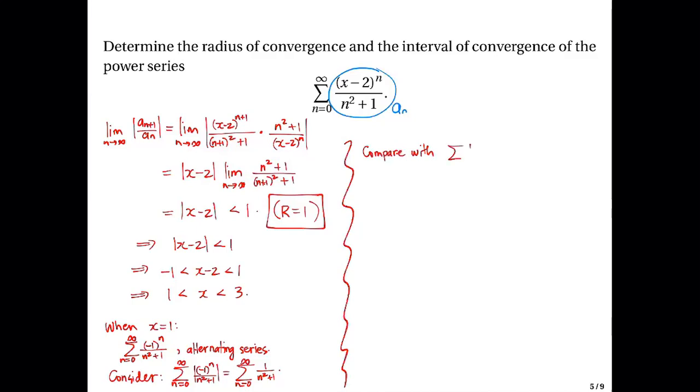Okay? So compare with the series 1 over n squared, from 1 up to plus infinity. So anyway, this one starts with n equals 0. You can just decompose it and then just start with n equals 1. Okay? So you can do the comparison with this series.